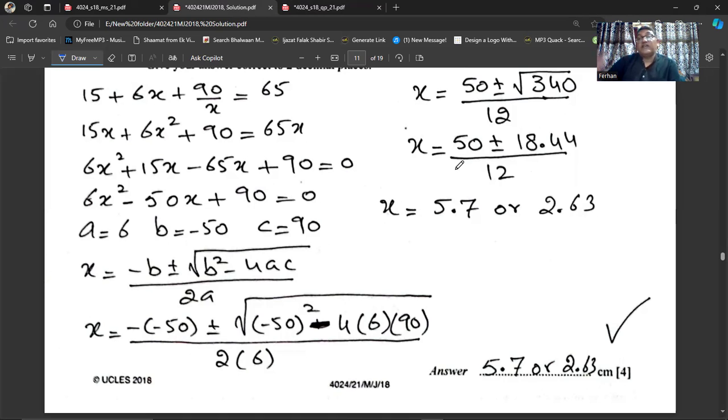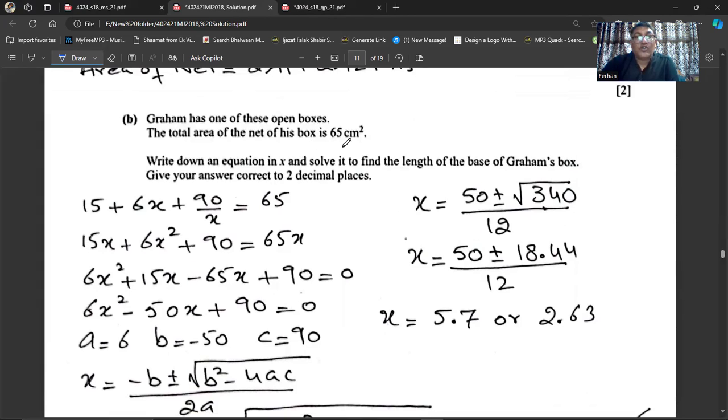So there are two possibilities. 50 plus 18.44 divided by 12, that will be 5.7. And 50 minus 18.44 divided by 12 equals 2.63. So the value of x is 5.7 or 2.63. So the length of the box, the base of the box, was x.